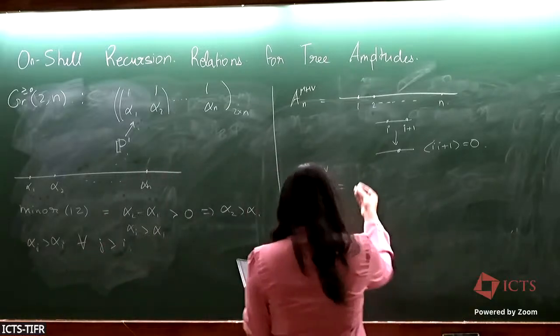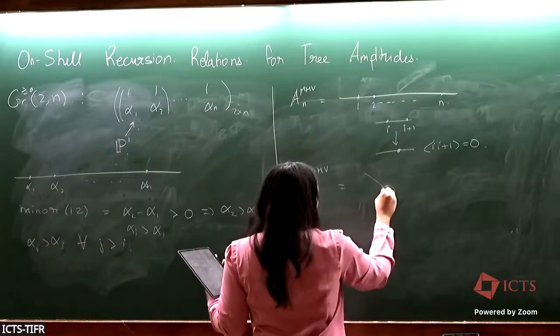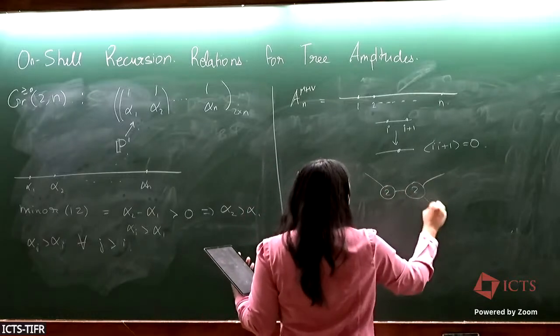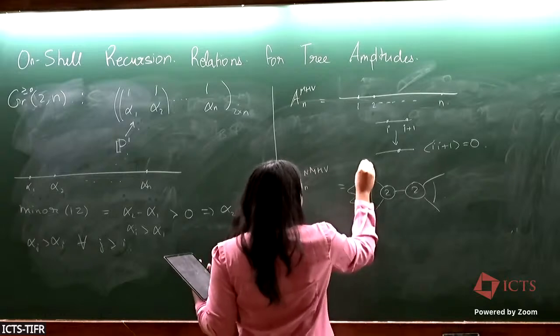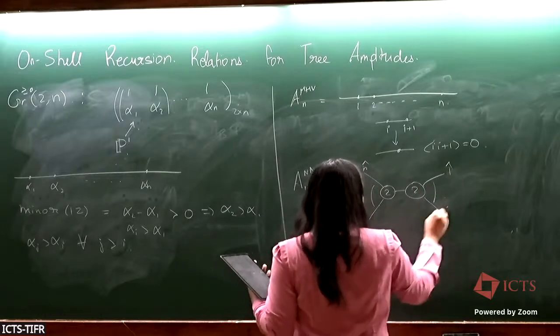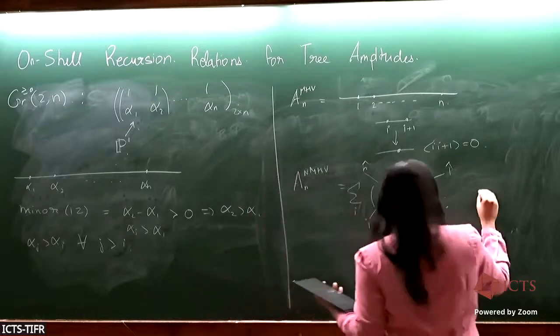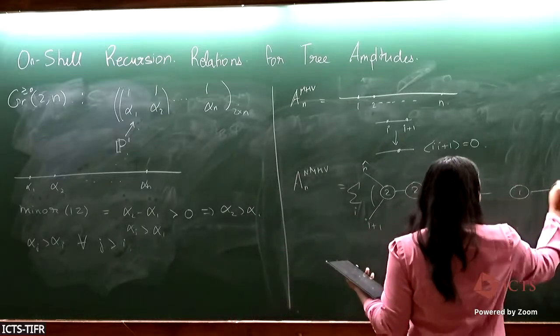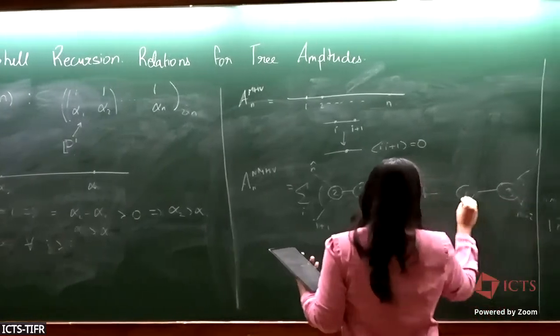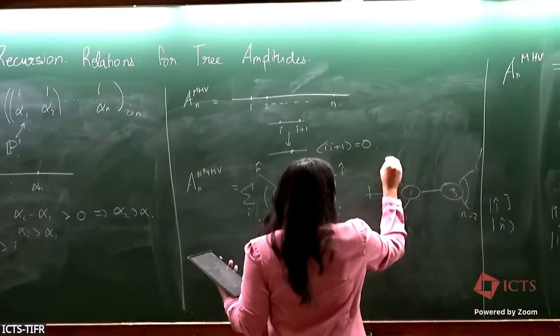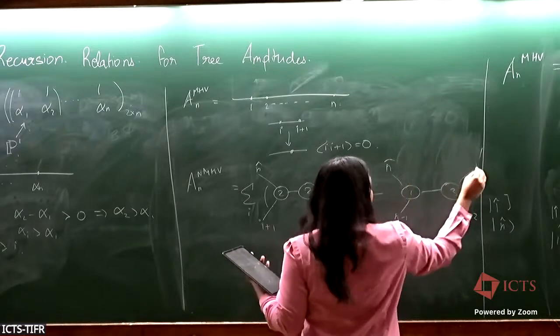So if you do this over here, as we saw, this is 2 MHV amplitudes, n hat, and then 1 NMHV amplitude. 1, 2, 3.